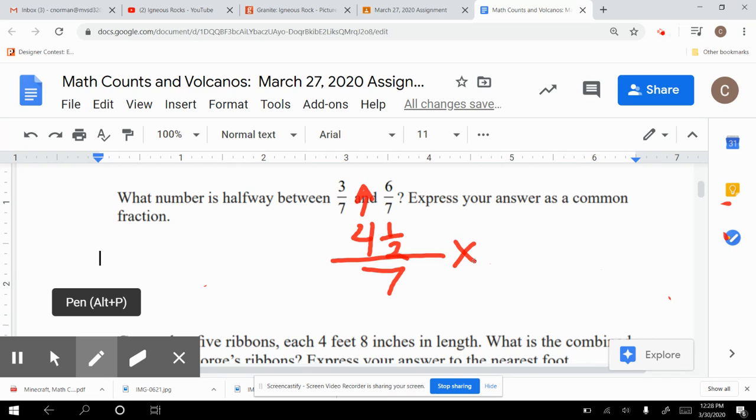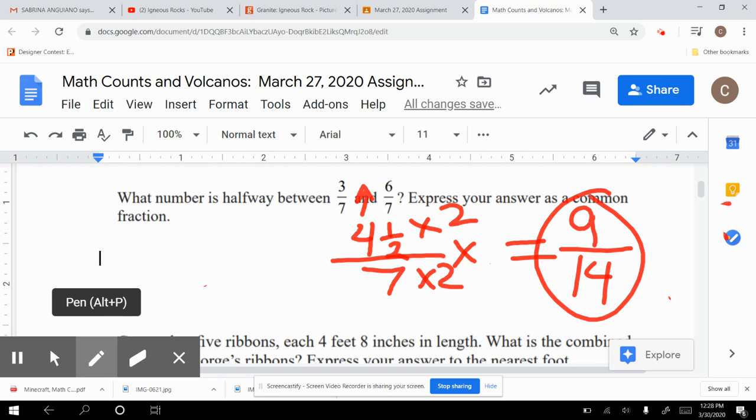Multiplying the numerator and the denominator by 2 is the same thing as multiplying by 1, and you can multiply any number by 1 and still get that number. Well, 4.5 times 2 is 9, and 7 times 2 is 14, which gives us the same answer that we got earlier.